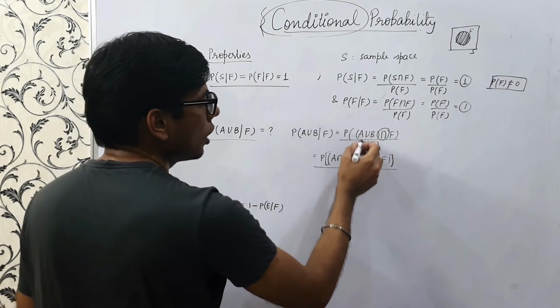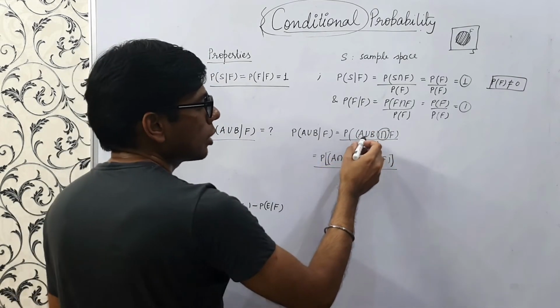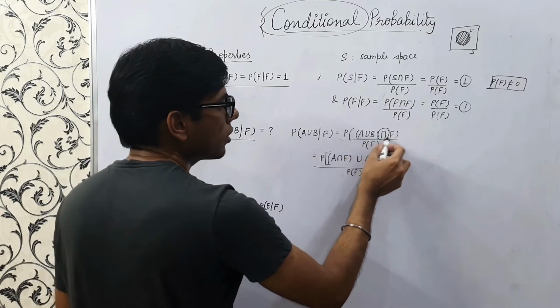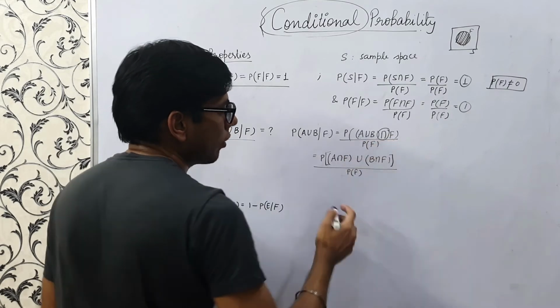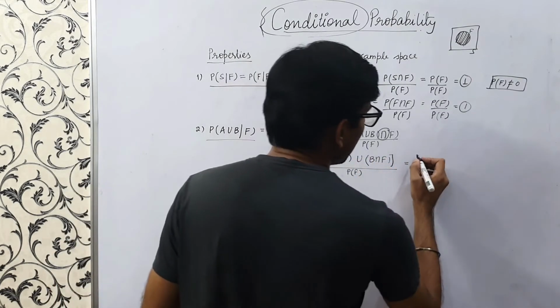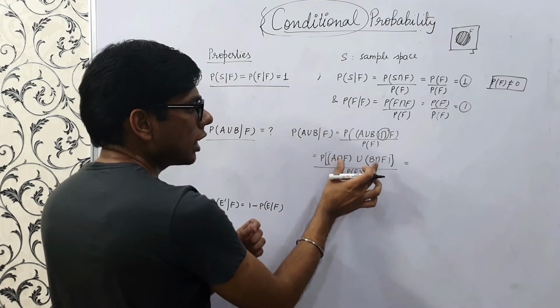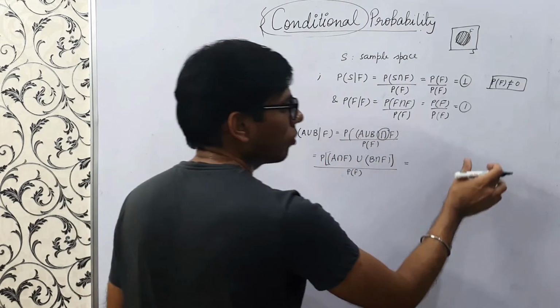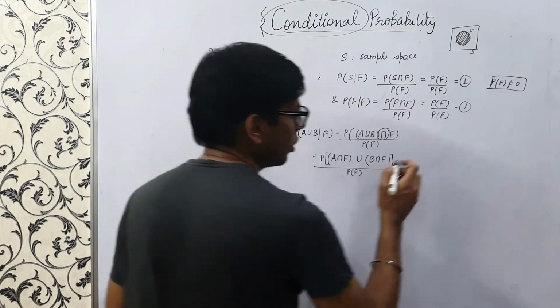As the addition rule says, for two events, A union B is probability of A plus probability of B minus the intersection of those two.